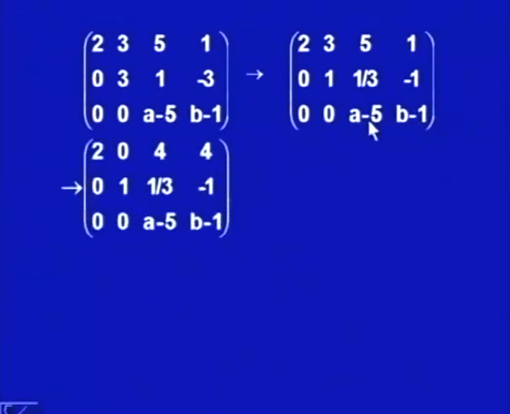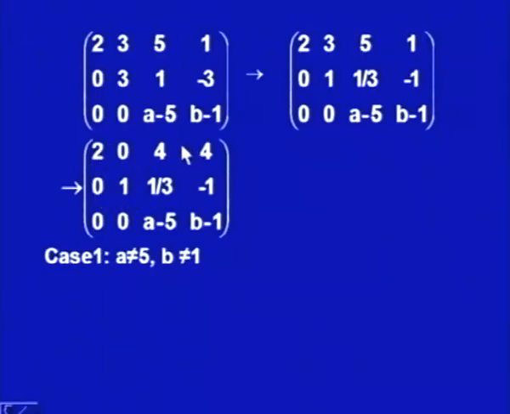Further, if I subtract 3 times this row, then this becomes 2 minus 0, 0, this becomes 0, 3 minus 3 is 0, and this becomes 4, and this element becomes 4.